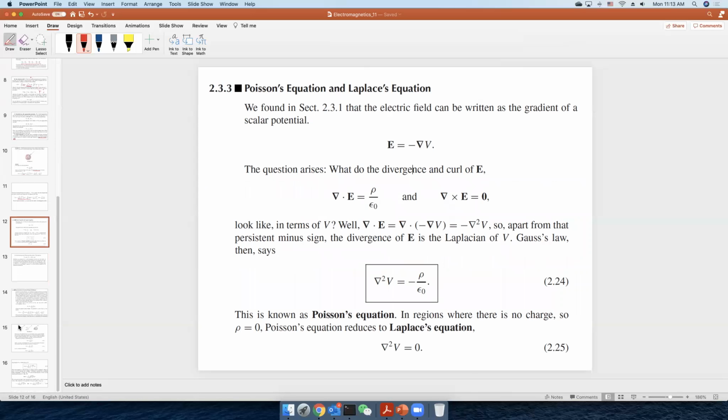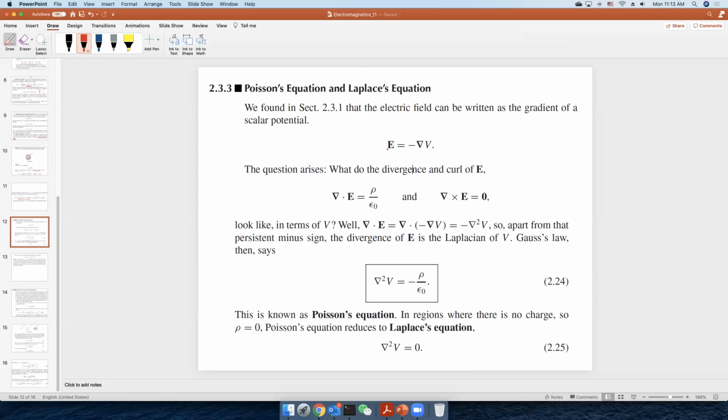Okay, now Poisson's equation and Laplace's equation. We found in section 2.3.1 that the electric field can be written as the gradient of a scalar potential.